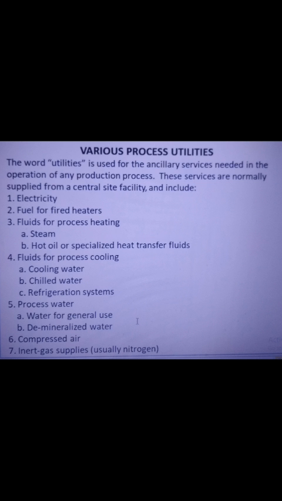These services are normally supplied from a central site facility, and they include electricity, fuel for fired heaters, fluids for process heating, fluids for process cooling, process water, compressed air, and inert gas supplies, usually nitrogen.